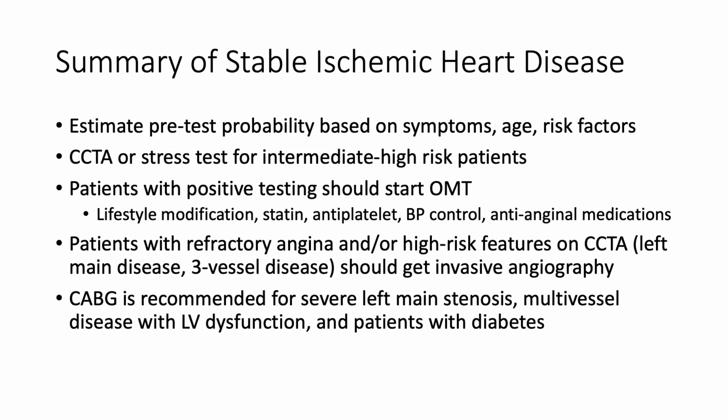And then if they are positive for those tests, we're going to start them on optimal medical therapy with lifestyle modifications, high-intensity statins, antiplatelet therapies, blood pressure control, and antianginal medications. Patients who have refractory angina or high-risk features should get invasive angiography. And then we're going to do CABG for patients with severe left main disease, multivessel disease with LV dysfunction, and patients with diabetes.